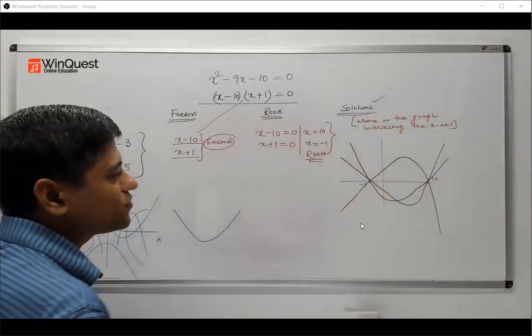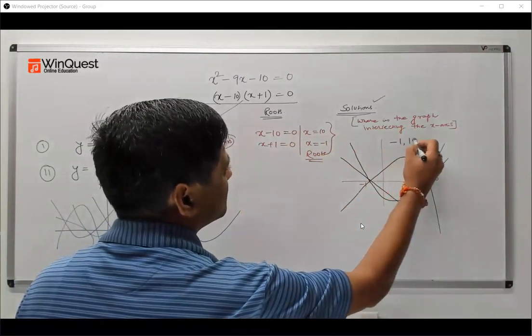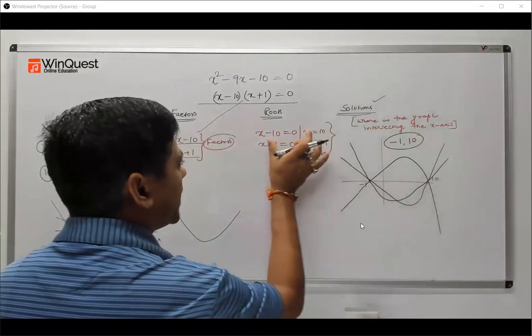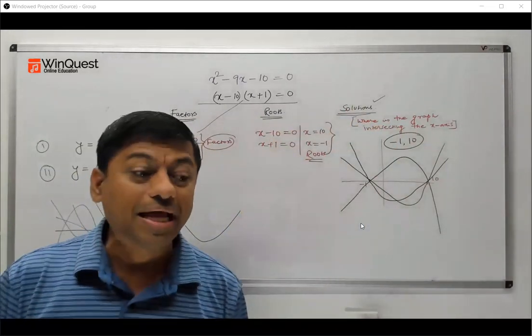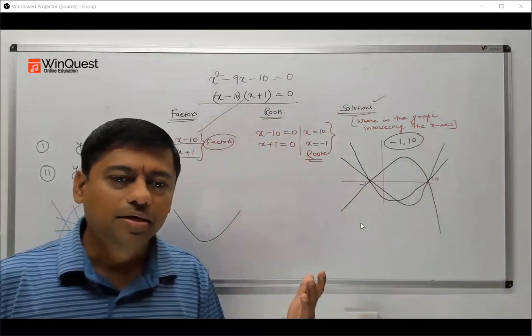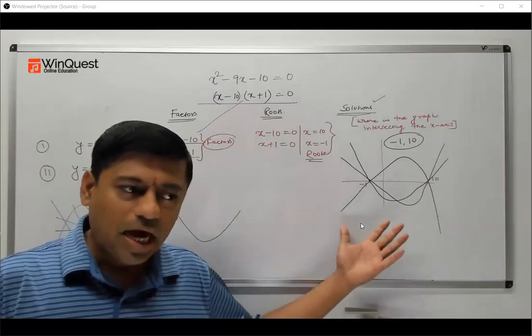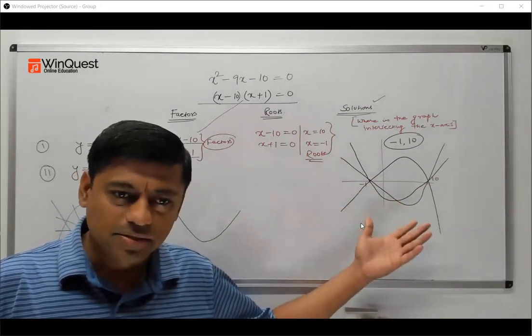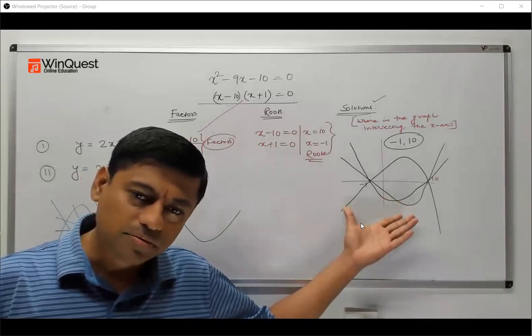So the solutions for this graph are -1 and 10. So there is no difference between roots and solutions, but the way you would say it is different. Solution means wherever the graph is intersecting the x-axis. You are getting the same result, 10 and -1.